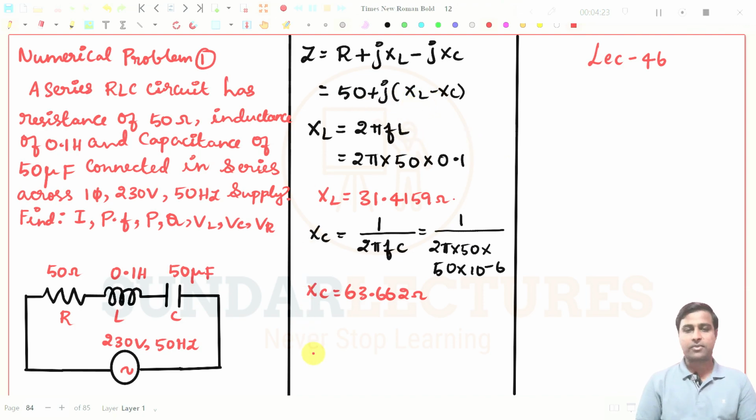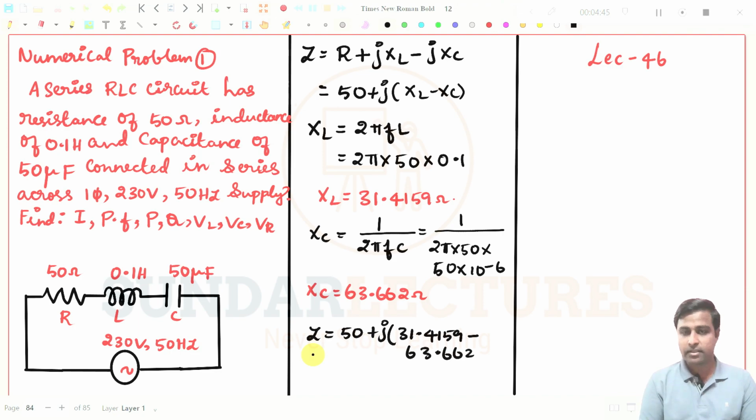We know XL and XC. We can directly substitute in this equation. So you will get Z is equal to 50 plus j into, XL is 31.4159 minus XC, which is 63.662.